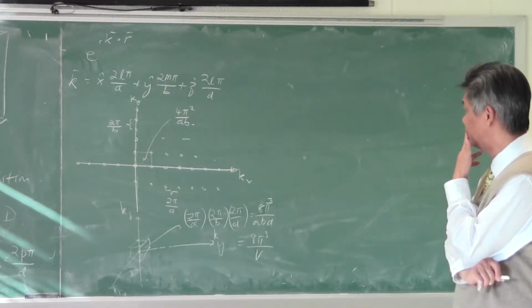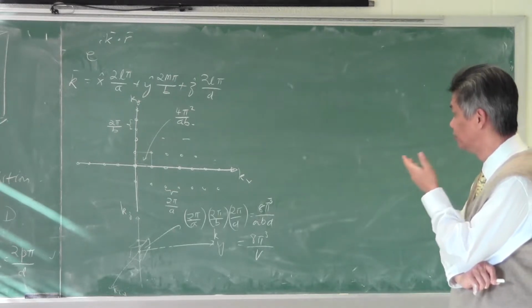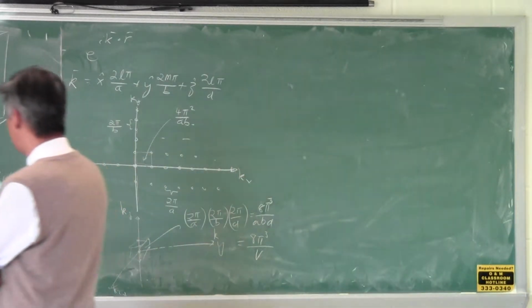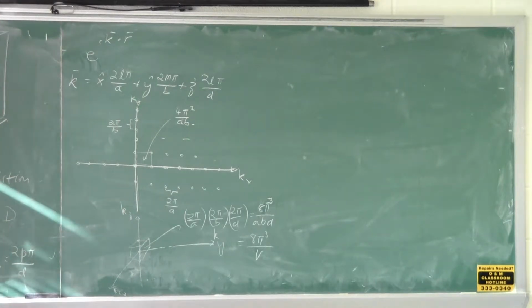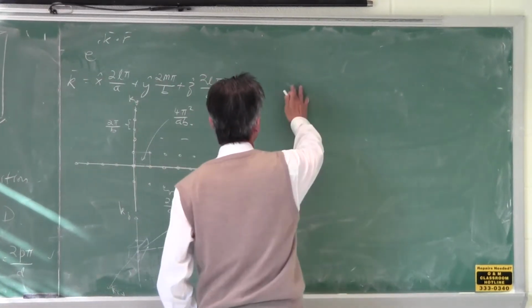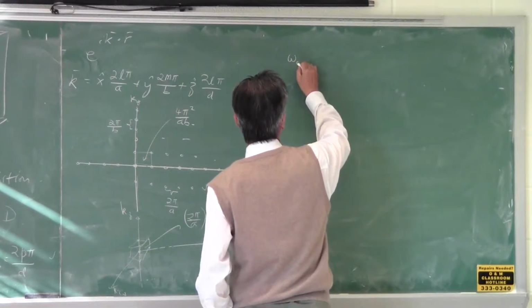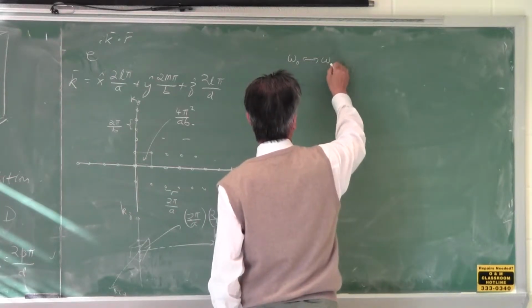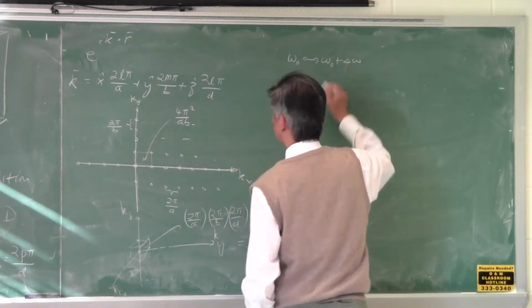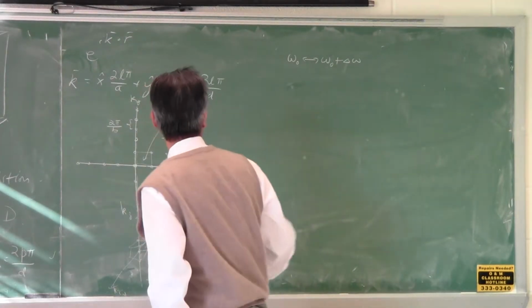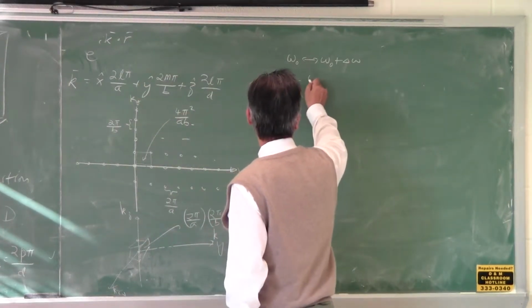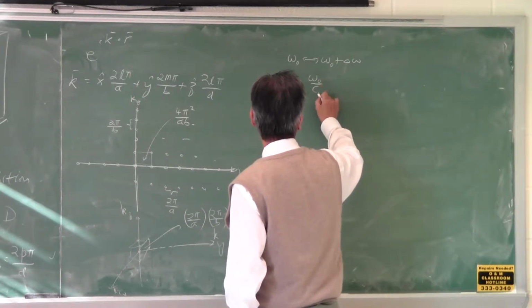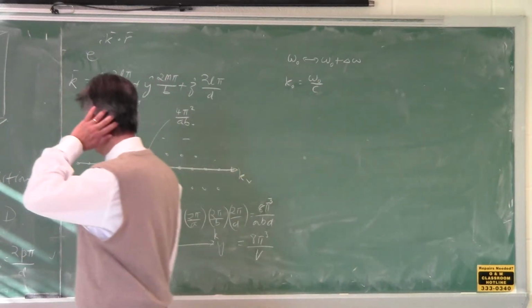So if I was to solve this cavity resonance problem, or this periodic boundary condition problem, within a frequency range, how many modes do I have? Say I were to solve it between omega naught and omega naught plus delta omega. In this frequency range, k naught is omega naught over c, where c is the velocity of light.